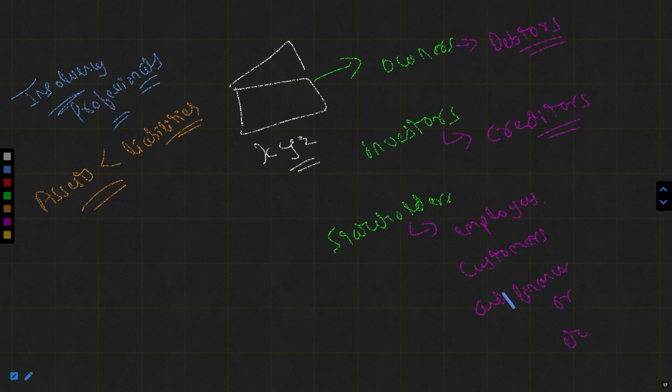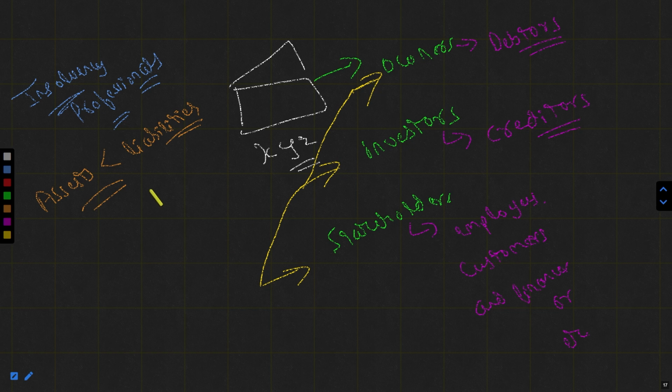It does not mean only ensuring the interest of the owners, or the investors, or the stakeholders. There will be constant support towards the owners, debtors, towards the investors, creditors, and towards the stakeholders, who will be the employees, the customers, the financers, etc.